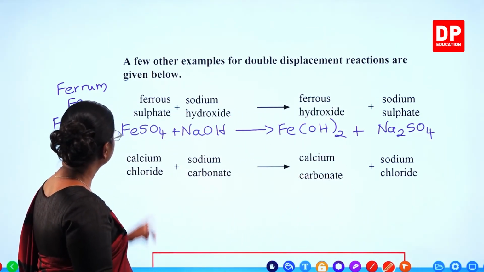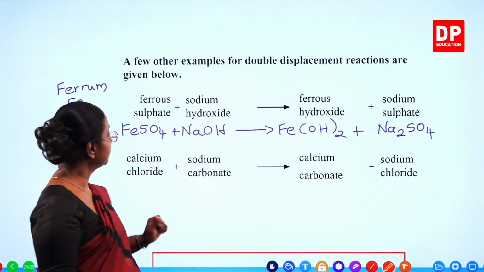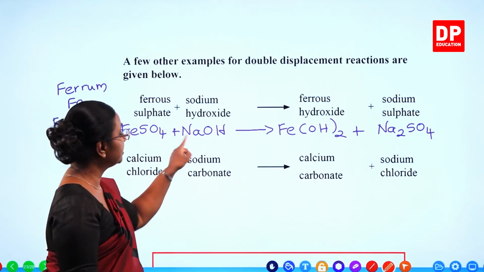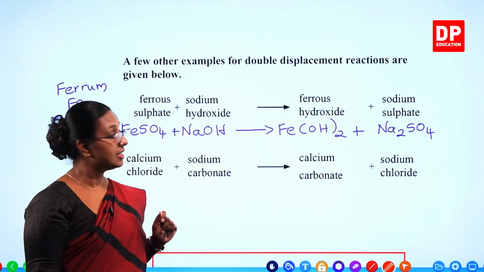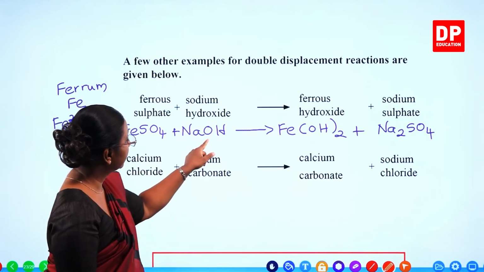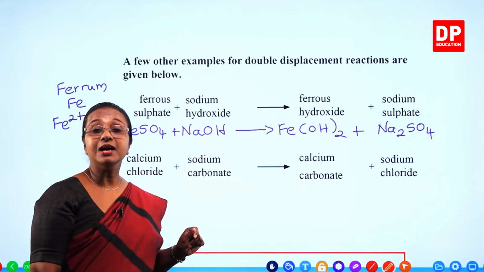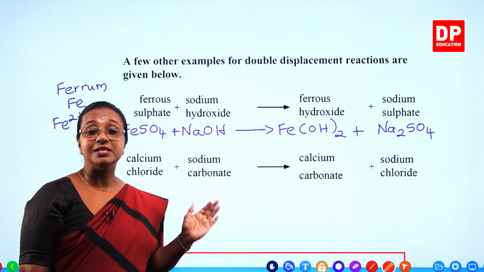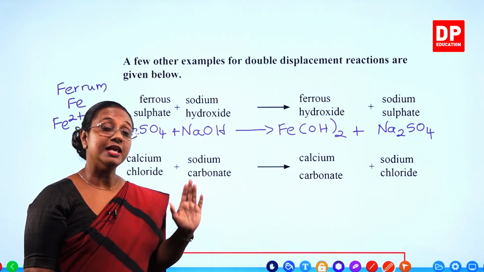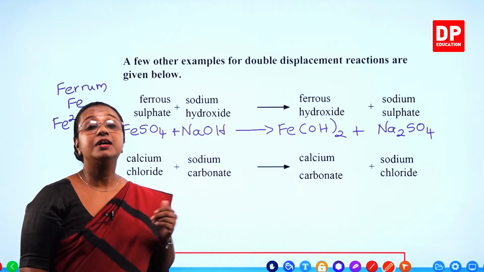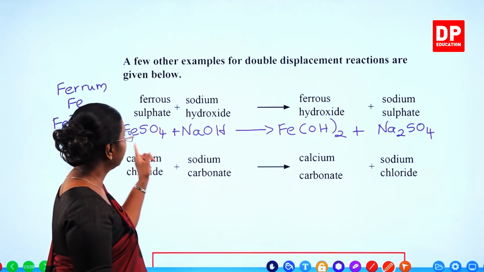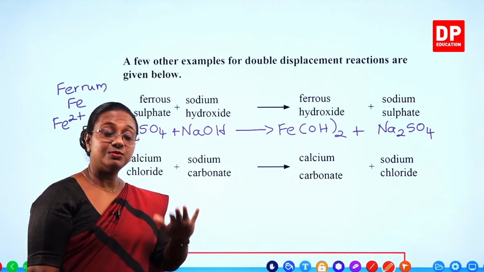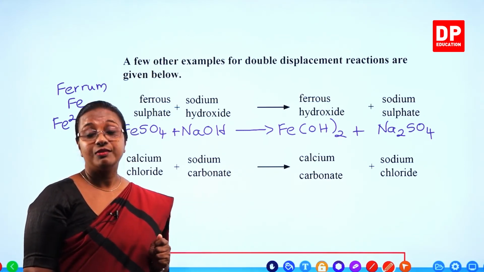So here again, both are compounds. In this, Fe and Na are elements, and SO4 2 minus and OH minus are radicals. So now you all can understand how double displacement takes place between elements and radicals of compounds. So their elements or radicals are exchanged with either elements or radicals.